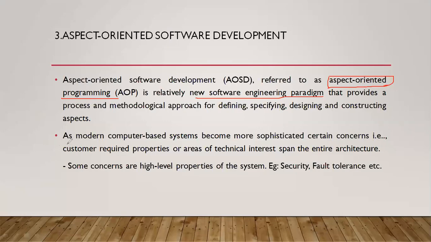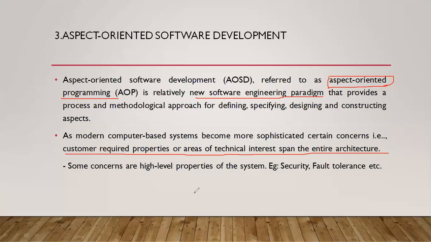Coming to the second point, as modern computer based systems become more sophisticated, certain concerns, that is customer required properties or areas of technical interest, span the entire architecture. We have already discussed this. He may have some technical knowledge, so he may ask, please develop my project using Java only.